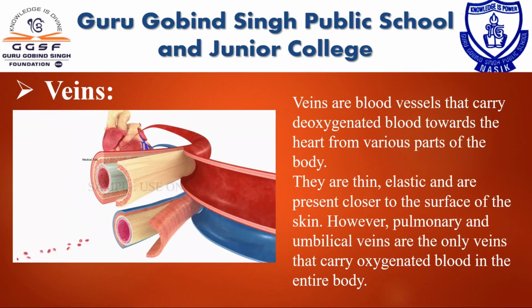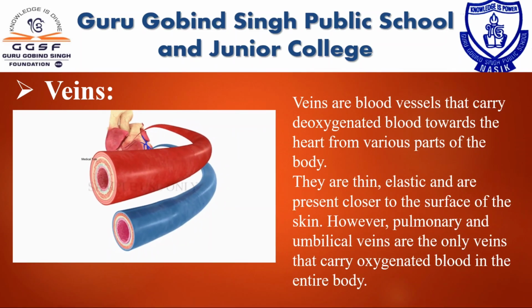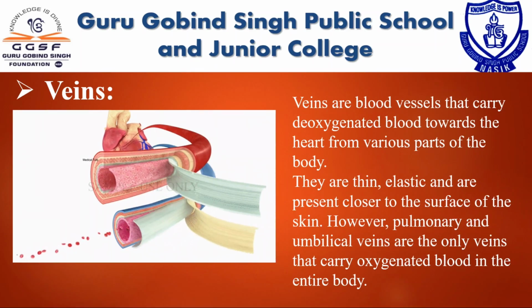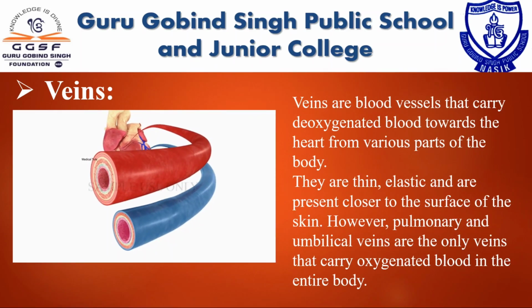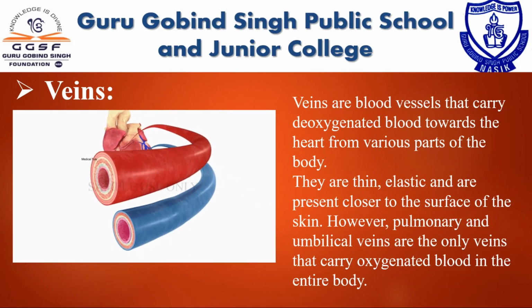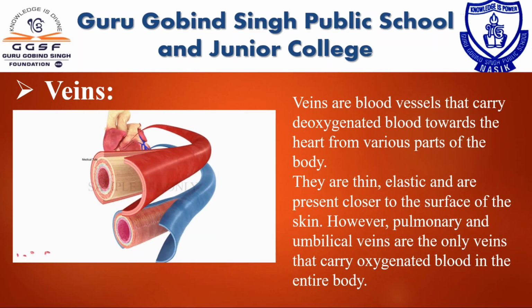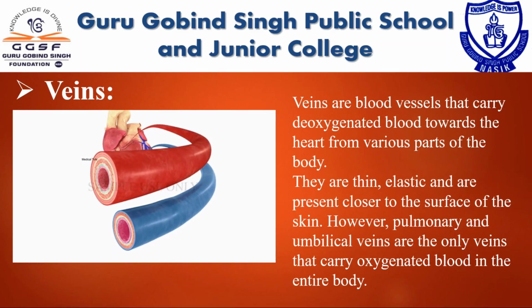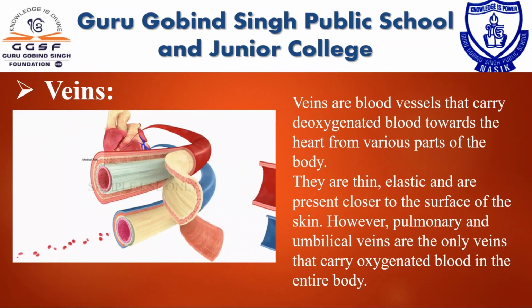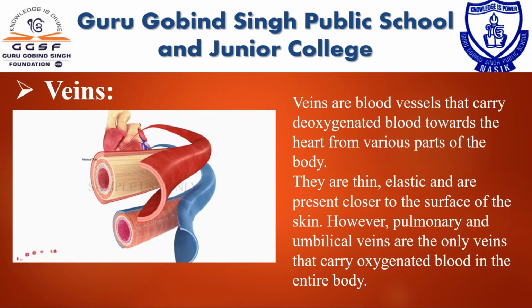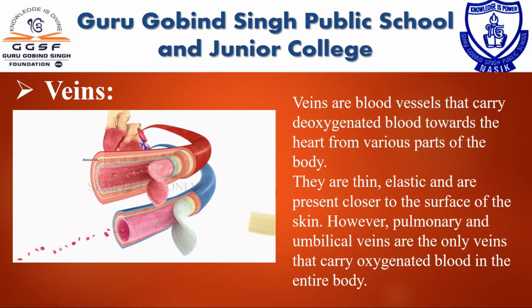Veins are blood vessels that carry deoxygenated blood towards the heart from various parts of the body. They are thin, elastic, and are present closer to the surface of the skin. However, pulmonary and umbilical veins are the only veins that carry oxygenated blood in the entire body.